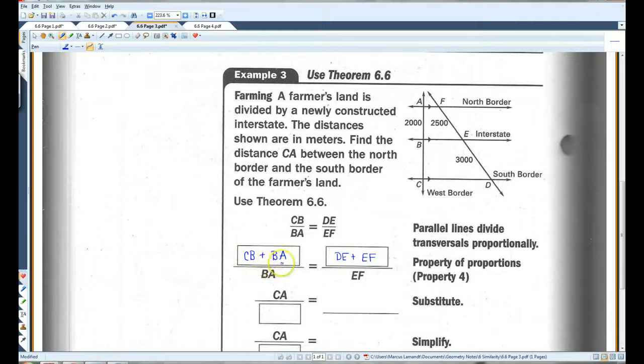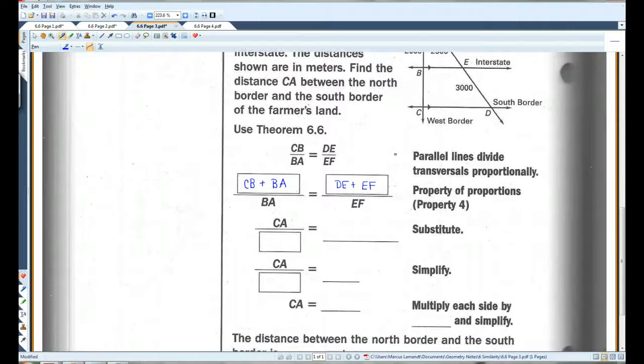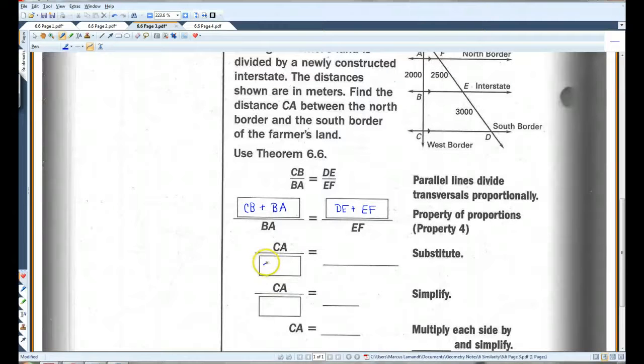CB plus BA is CA, which is what we're trying to find. BA, we know, is labeled up here as 2,000. DE plus EF would be 3,000 plus 2,500, and EF is 2,500. So this is once again 2,000. This becomes 5,500 over 2,500.